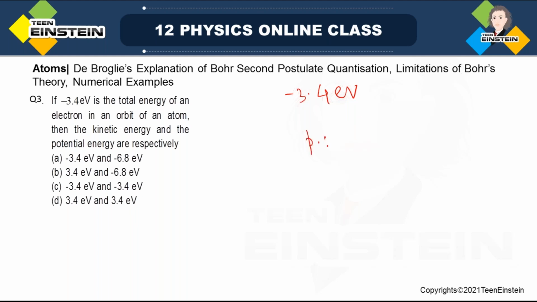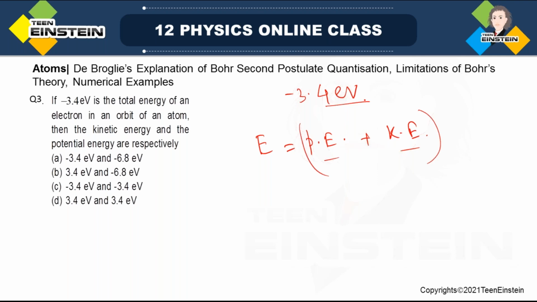Total energy means it is the sum of potential energy plus kinetic energy. So total energy, suppose this is E, the sum of potential energy and kinetic energy. You have been given this total energy to be minus 3.4 electron volt.